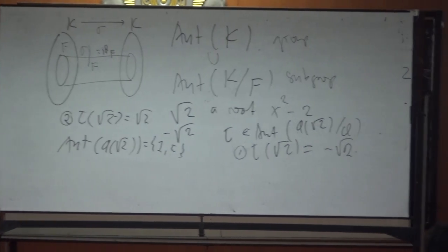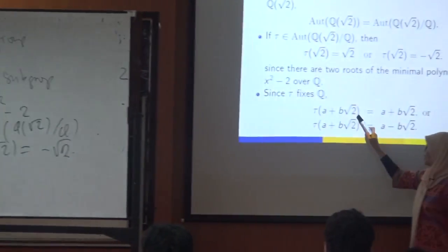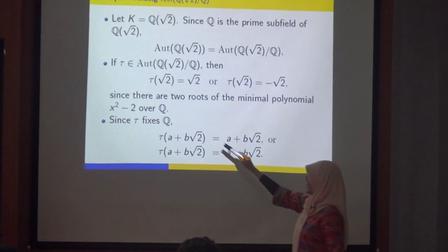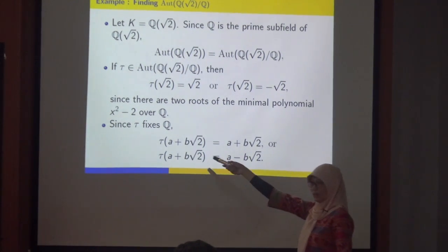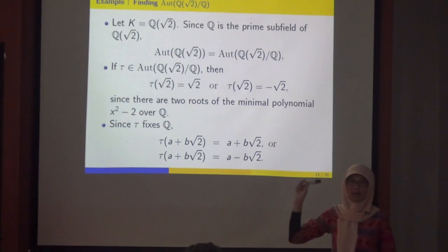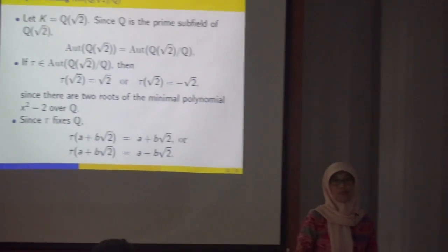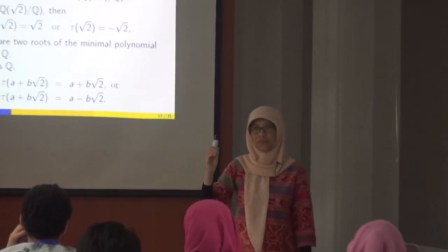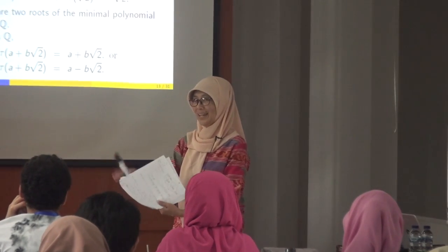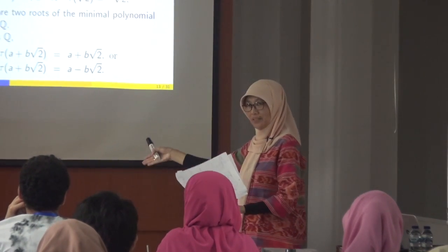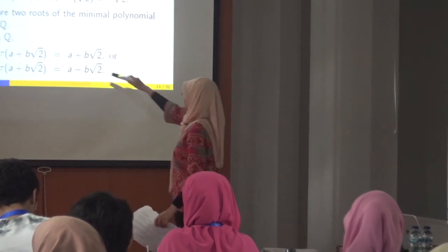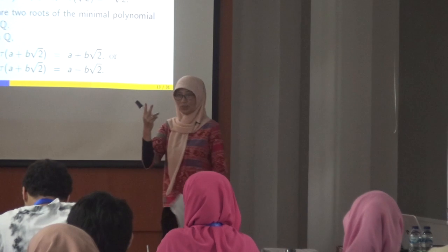You know that this is the general form of the element in the extension field. So if we have these numbers and we apply this tau, we will have this one or this one. Because A and B are in Q, and this automorphism fixes Q, A will go to A and B will go to B itself, and this is plus minus because we have two possibilities.